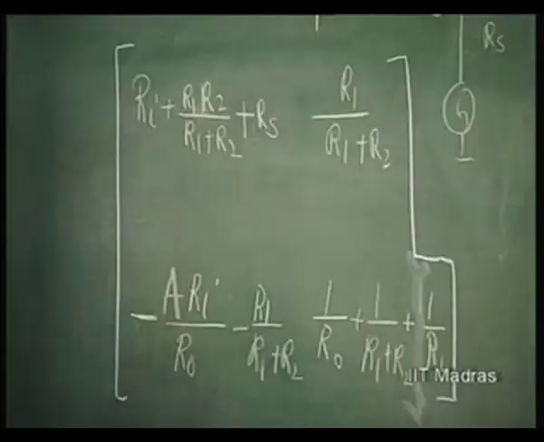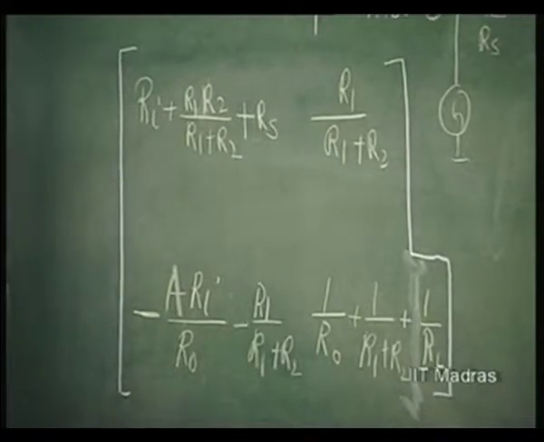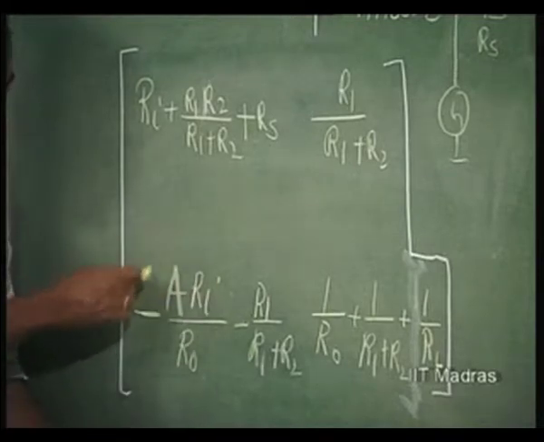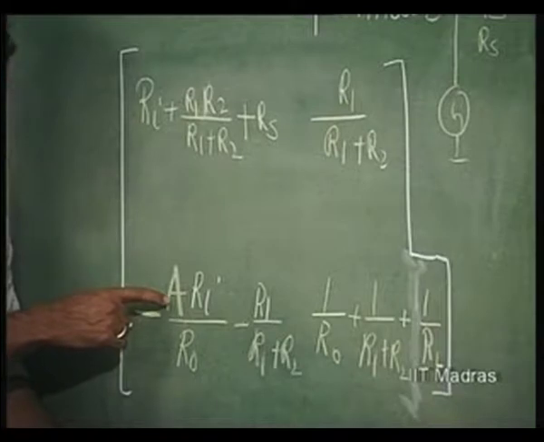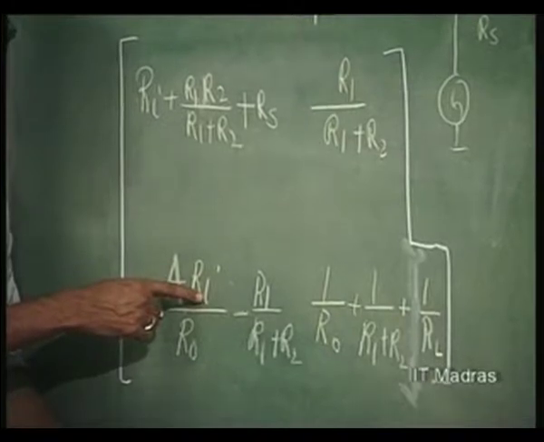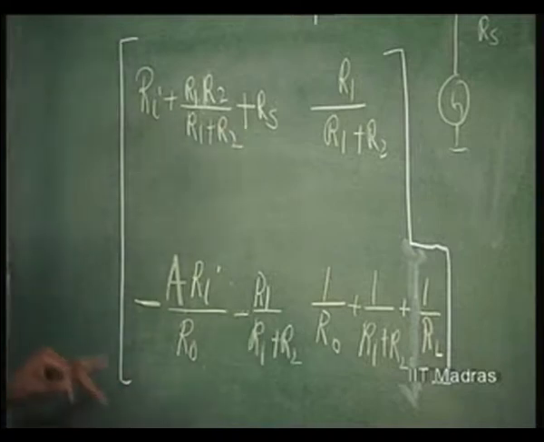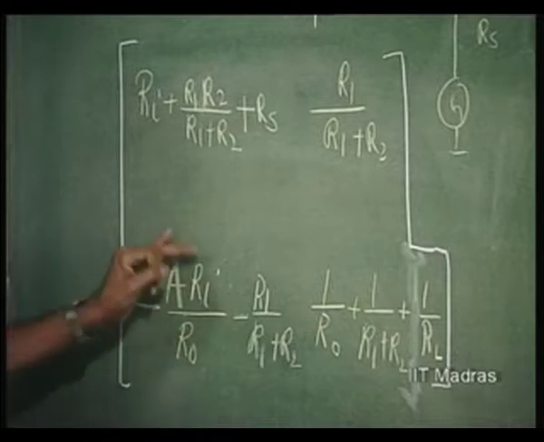Now, I would like you to come out with some practical definitions. See, what did we say about the forward transfer parameter here? It is A, which should have been infinity, Ri which should have been infinity, 1 over R naught which should have been infinity. So, if actually A is infinity itself, that is sufficient to make this infinity.